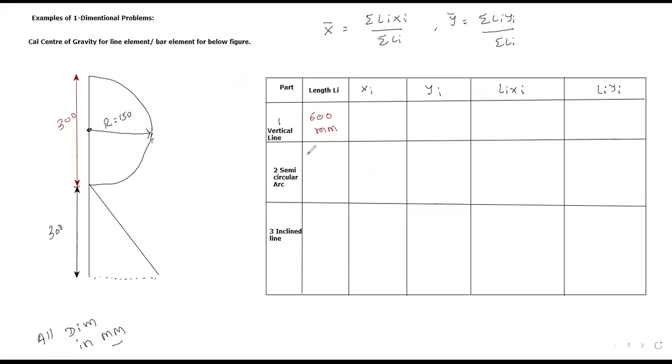तो प्लीज गिव मी आंसर ऑफ लेंथ ऑफ सेमीसर्कुलर आर्क. कैलकुलेटर में कैलकुलेट करके मेरे को आंसर दीजिए. चलिए pi r, your radius equals to 150. Please give me value of semicircular arc. थोड़ा जल्दी कीजिए. 942 आवे से बताना. चेक करो.